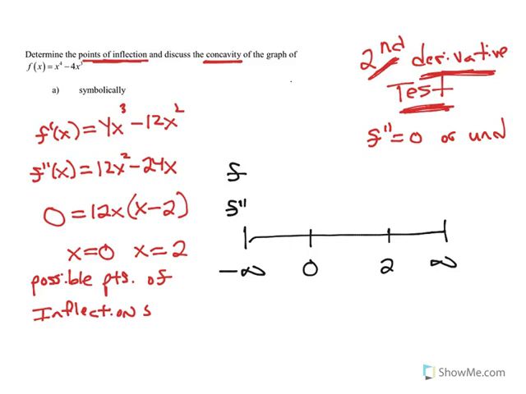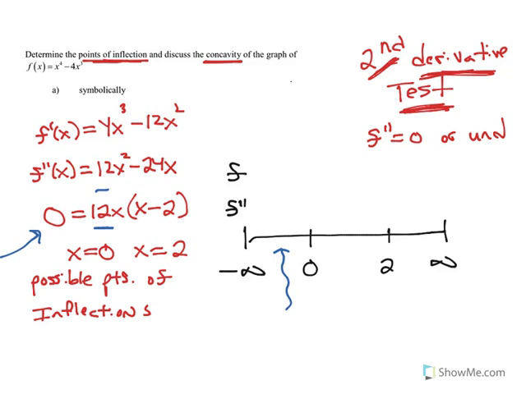So we're going to choose some test cases. We'll choose a number somewhere between negative infinity and 0, maybe negative 1. If we put a negative 1 back into the factored form, so negative 1 going into this factor, that's going to be a negative.